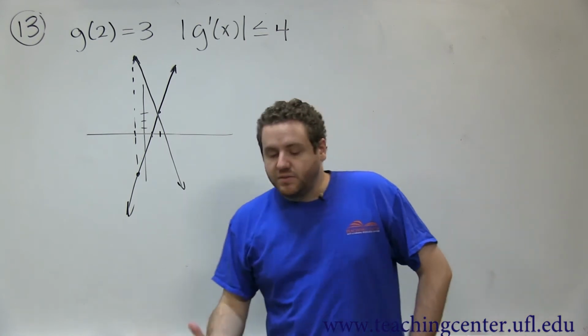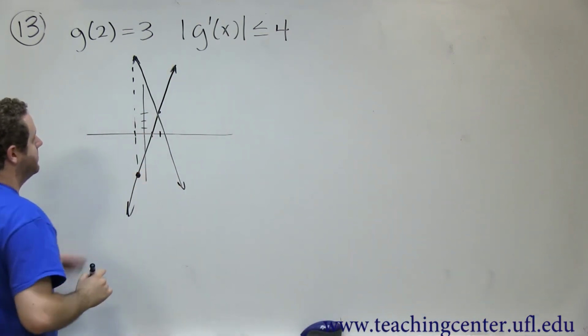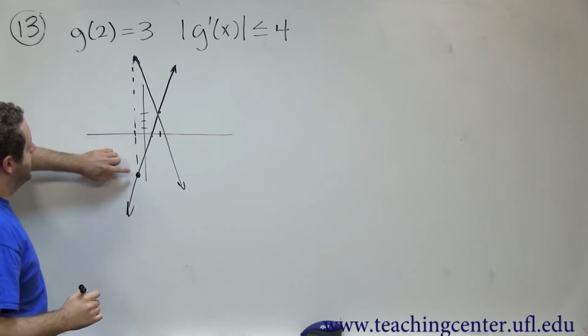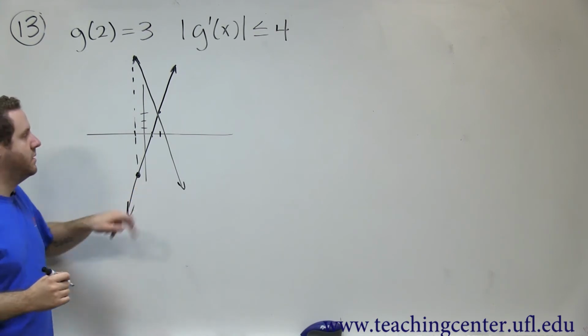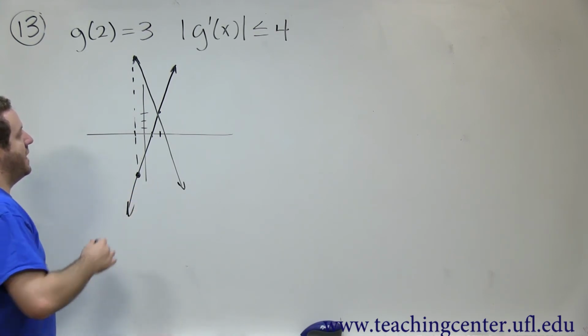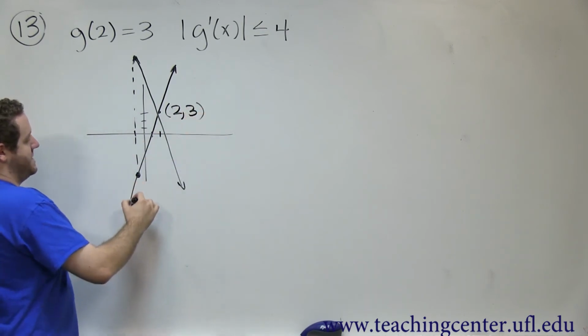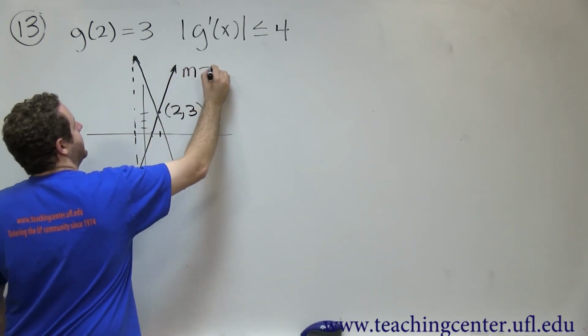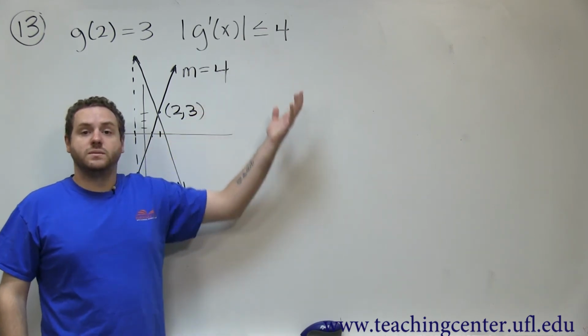So if I want the smallest value of g of negative 1, that's going to be the one that lies right on this line. If it has to be between here and here, the smallest it could be is down here. So now we just need to know what that is. Well, that's pretty easy because I know this point is (2, 3), and this line has slope 4. That's why I drew it that way, because 4 is the biggest it could be.